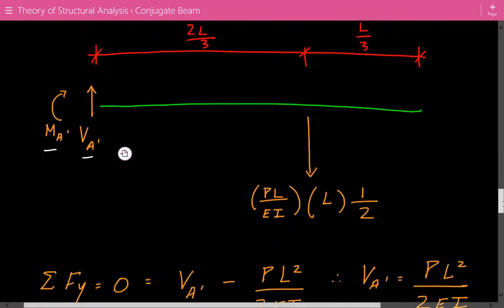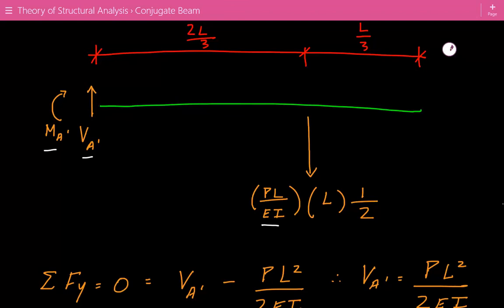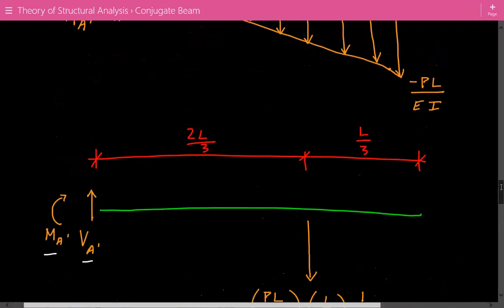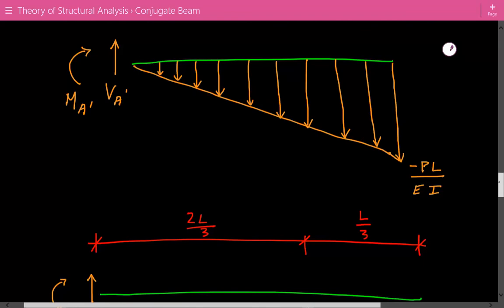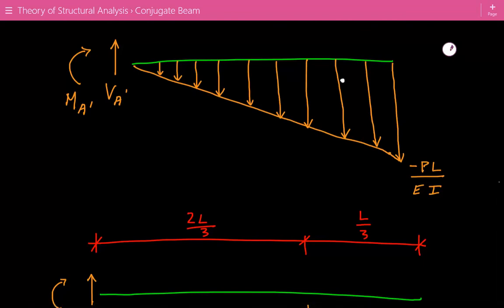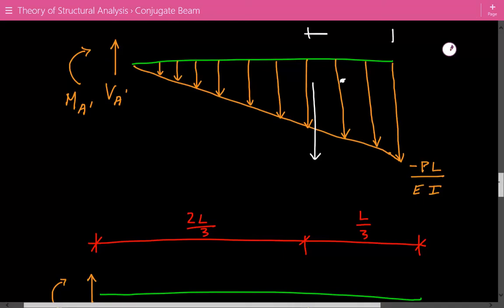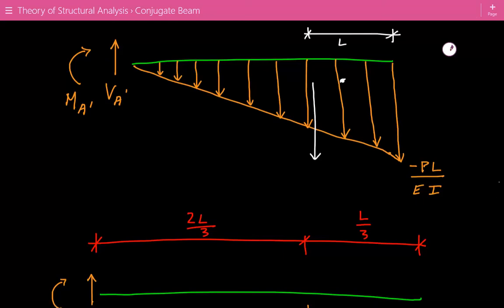So it's equal to PL over EI, which is the height, times the base L, divided by 2. And the centroid acts at the third point, so it's somewhere over here. This is equal to L over 3.